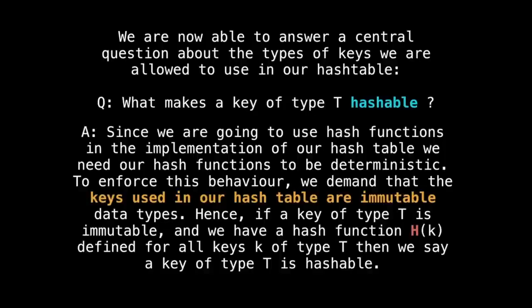They're fixed, they're constants. So they're things like immutable strings, integers, but not things like sets or lists or things you can add or remove things from. They're immutable. And if we have that condition, and we have a hash function that is defined for all keys of type T, then we say that that type is hashable.